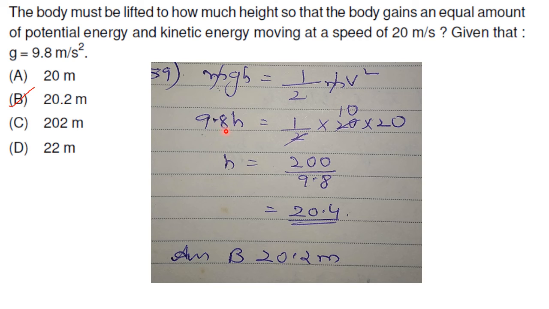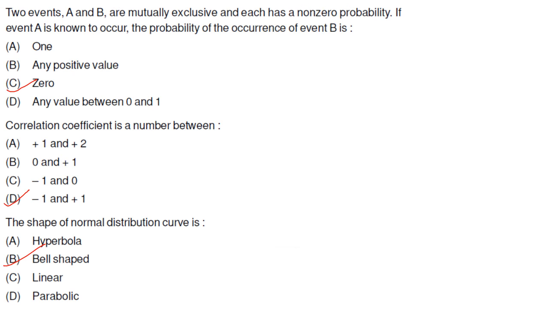So 9.8 h into half into, they have given the value of 20 v square. That is not v square, velocity, it is 20 meter per second. So substitute that. So 20 into 20, you will get h as 20.4. Here the value is approximately near to the option B, that is 20.2 meters.